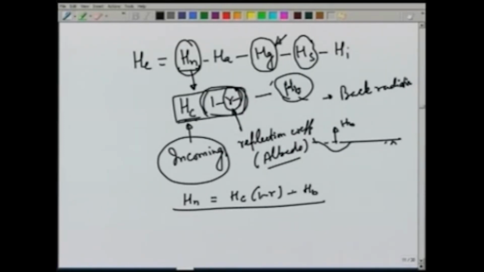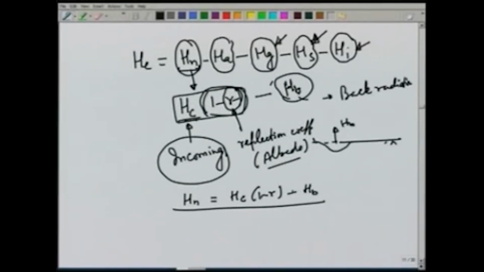Knowing the water body temperature and the change, we can obtain this also easily. Hi, heat advected out of the water body, is again, knowing the amount of water which is going out of the water body, we can estimate this also very easily. So, other terms are easy to obtain except Ha.